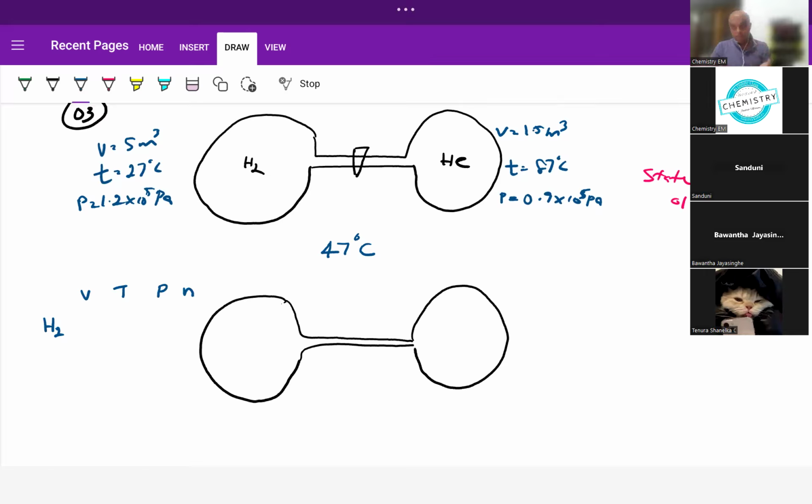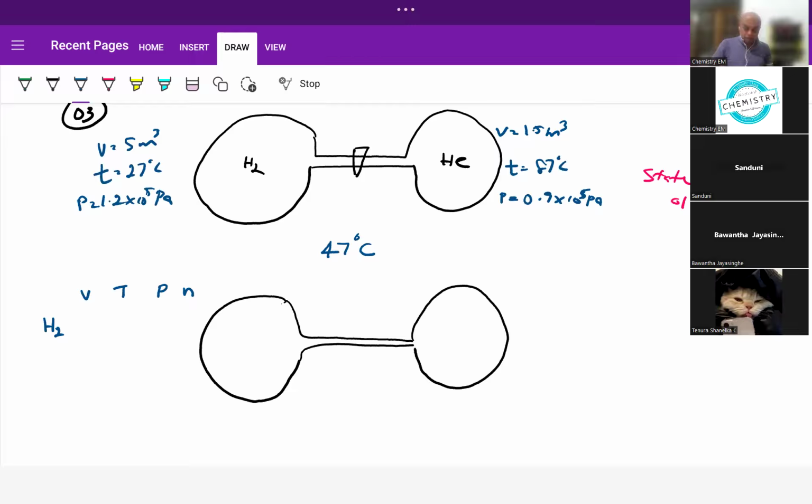Now, the gas status can be explained by using P pressure, V volume, T temperature, and number of moles. R comes into play with PV equals nRT. So remember, T is always in kelvins, right?